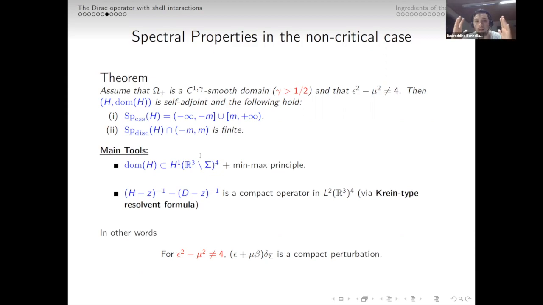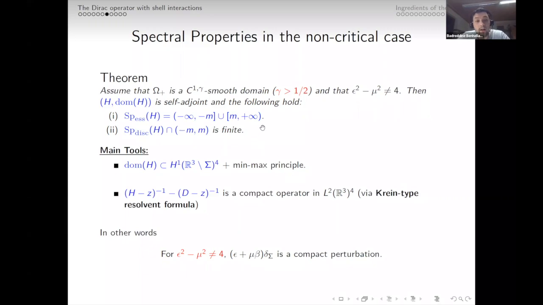So remember this: whenever we have Sobolev regularity of any order s strictly bigger than 0, we will have just a finite spectrum in the gap. And we combine this remark with some min-max principle in order to show this result. So in the end of the day, in this situation, the perturbation by this delta potential is just compact. So this is why it is not critical.